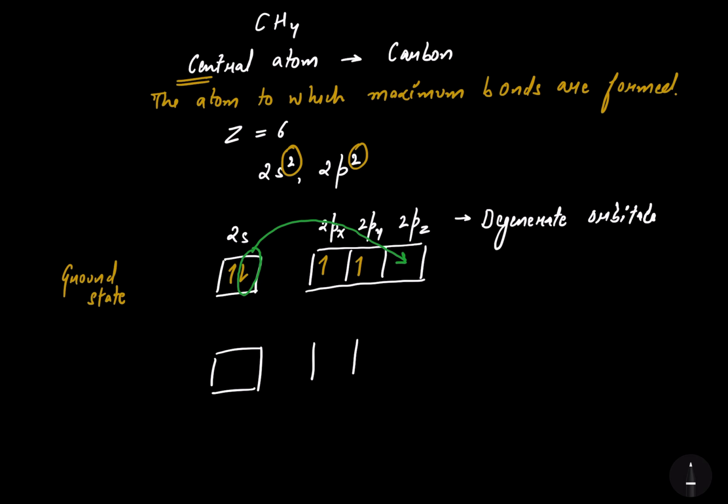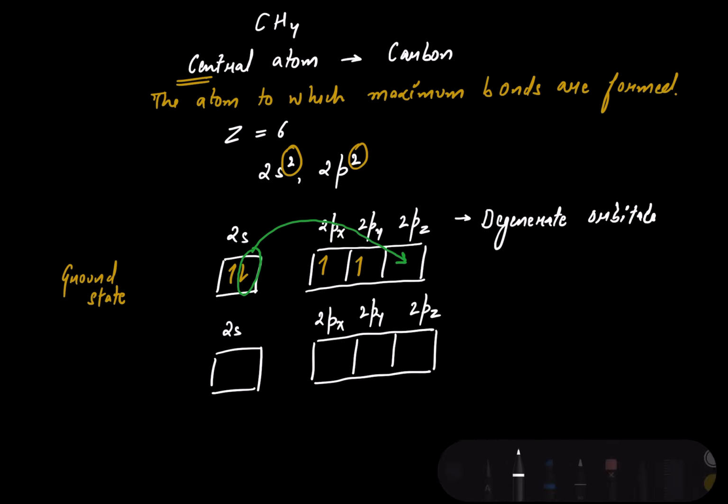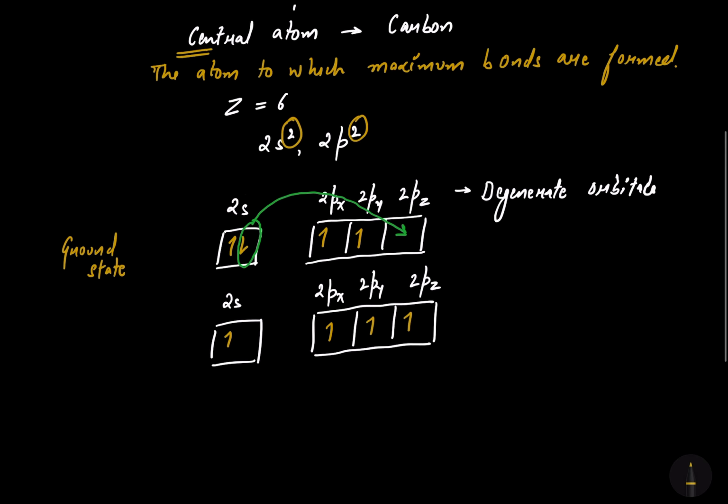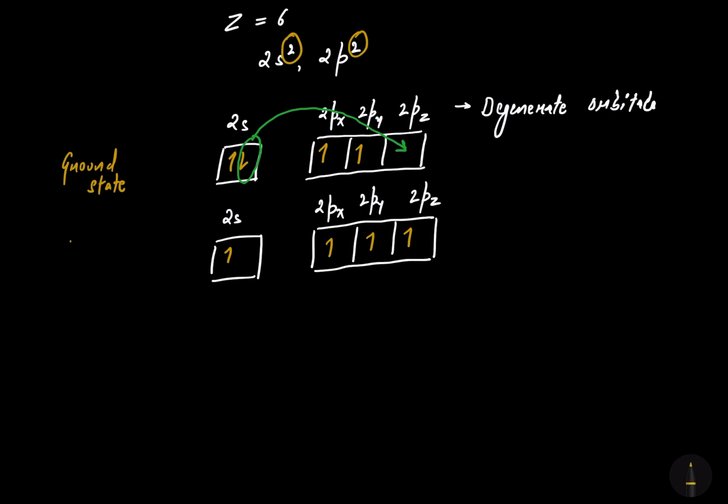That's the box form of atomic orbitals. Here it's 2s, that's 2px, that's 2py, and that's 2pz. Now we have 1 electron each in all the 4 atomic orbitals. And this is called the excited state.